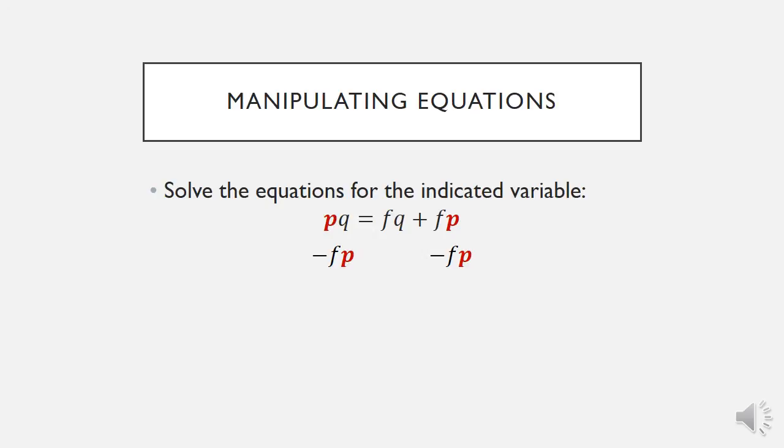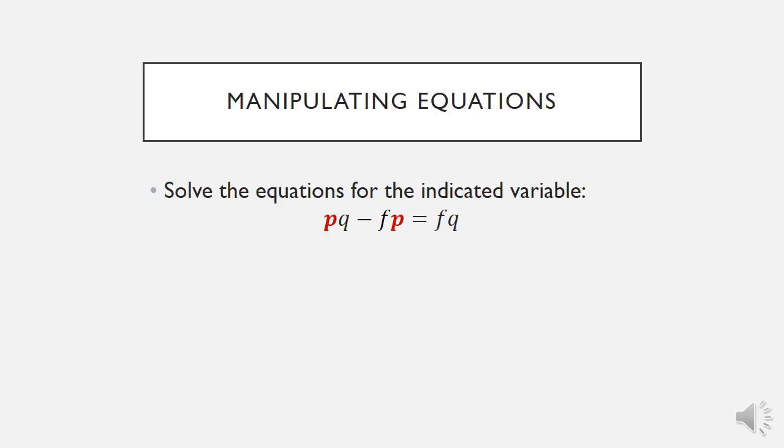My fp on the right side is going to cancel. So clean that up a little bit, get rid of the stuff from the other side. This is what I'm left with. So pq minus fp equals fq.